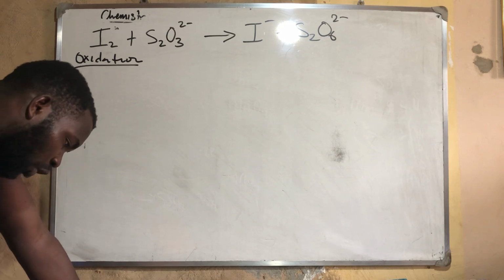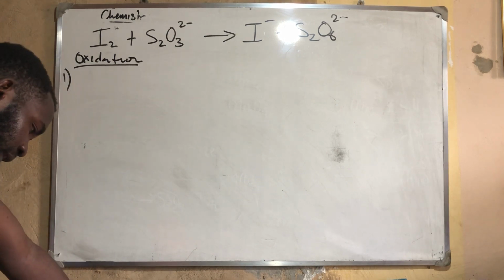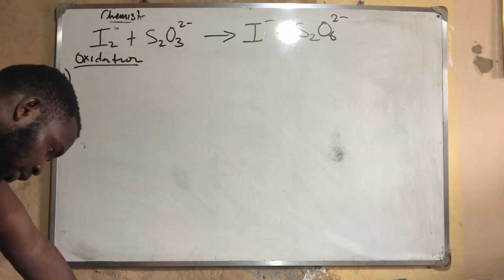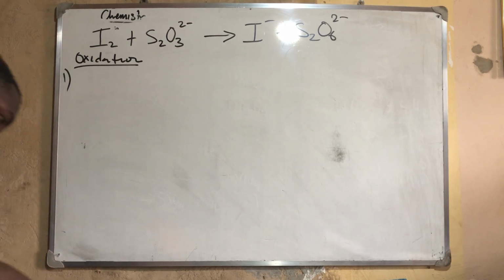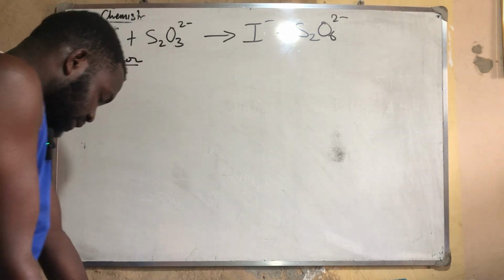A substance whose oxidation number decreases from left to right, a substance with negative oxidation charge. I know that the reducing agent is the same as the oxidized species.